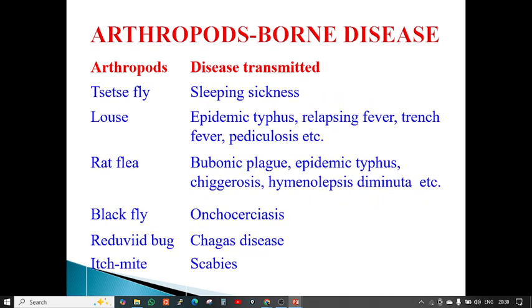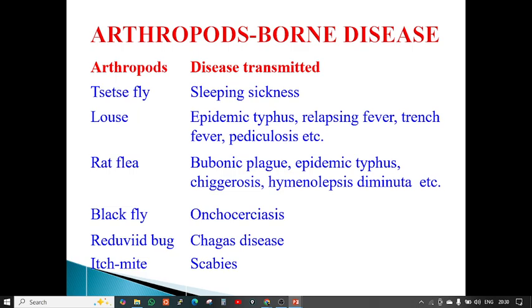Then tsetse fly, sleeping sickness; louse, endemic typhus, relapsing fever. Rat flea, bubonic plague, which mostly spreads through rats; epidemic typhus. So these are the different diseases transmitted by the rat. Then black fly, reduviid bug, mites.